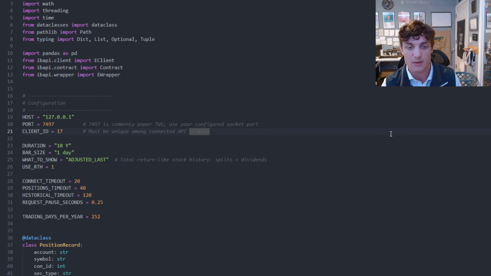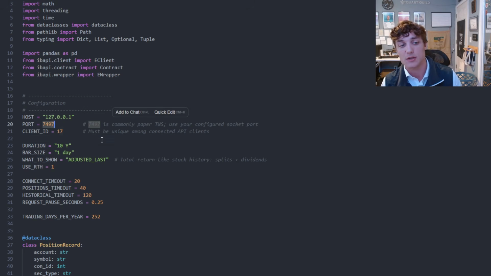The script is going to do it automatically for us. And what you'll see here at the top of the script is port 7497, so I'm assuming you're on a paper trading account on the Trader Workstation. If you're on your live account and you want to retrieve your portfolio information for your live account, you would just change this to 7496 or whatever port you specified in the settings.